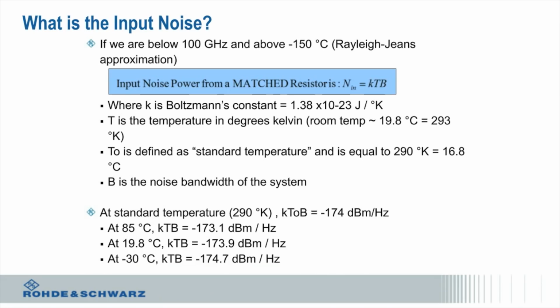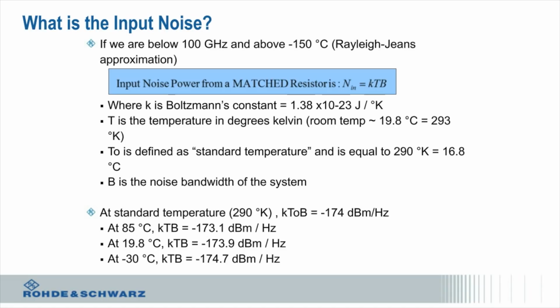Okay, so input noise, this is really the key thing that you're going to be focused on. Rarely do you play with signals that are above 100 gigahertz, but this is the kind of standard approximation that people will see. Below 100 gigahertz, the noise is governed by kTB. So that's Boltzmann constant for those of you who've done physics, temperature in Kelvin, and the bandwidth of the system.